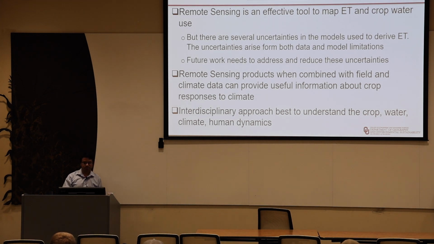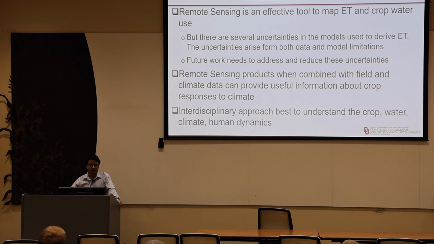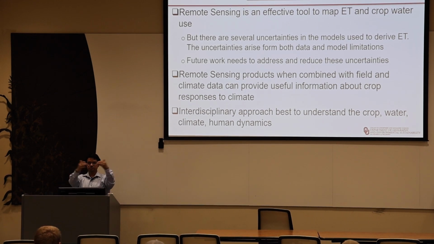So that was the overall kind of research that we do in our lab. And what we find is that remote sensing is a very effective tool to map ET, crop water use, and you can map water use over a large area, right? Because remote sensing gives you a synoptic, bird's eye view of a large area, right?